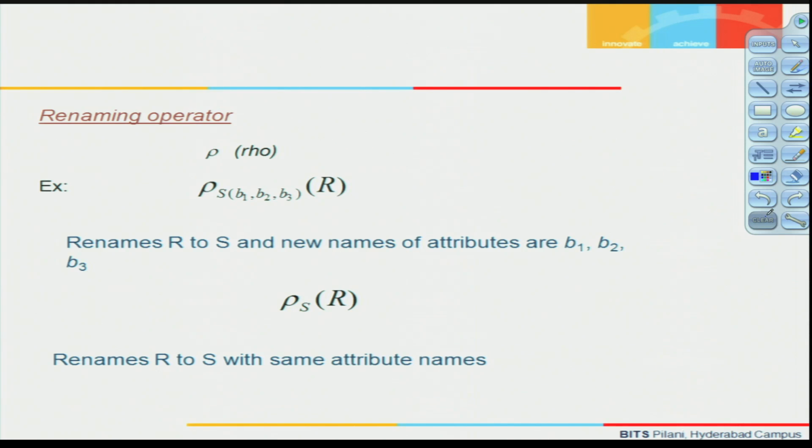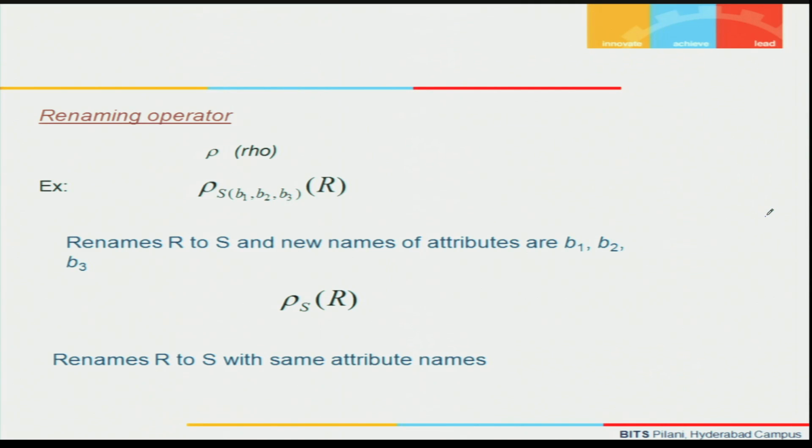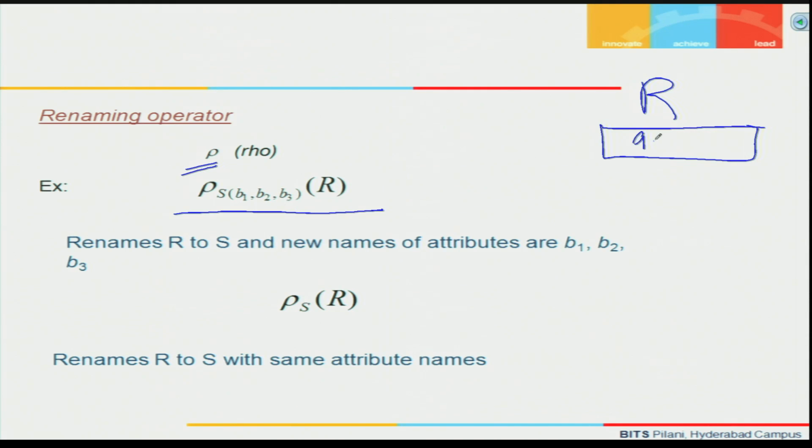Then let us have a look at the renaming operator. Sometimes it is required, while specifying queries, to rename some relations or rename the attributes of some relations. The symbol used for this is rho. Let us assume that there is a relation R with A, B and C as the attributes.